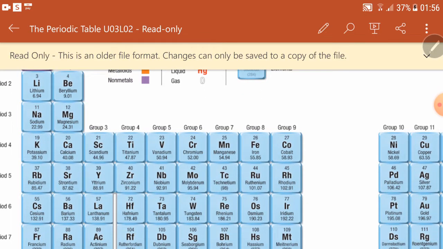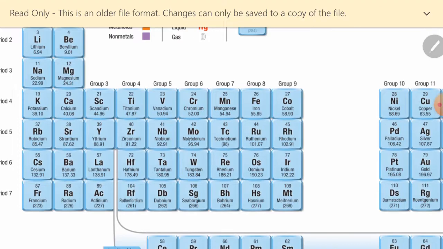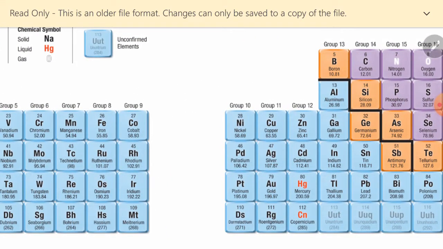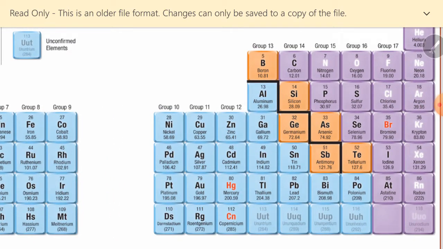Why? Mostly because they have to be distinguished from others. For example, here we have boron and we have bromine, here, this one in the red. Both start with B. So to distinguish them from each other, bromine has two letters, B and R.